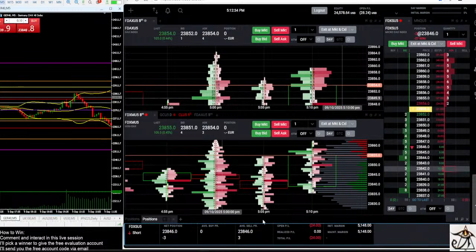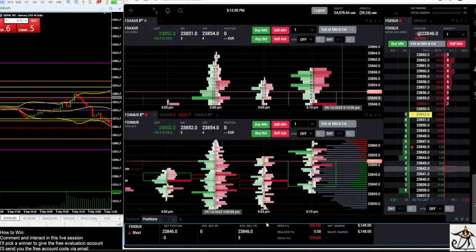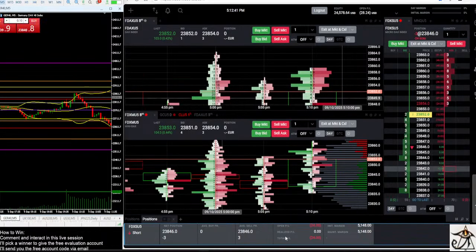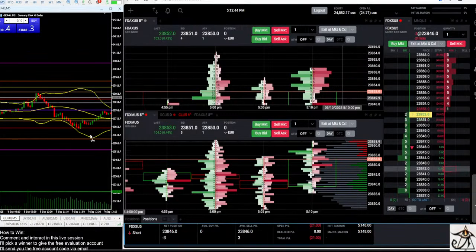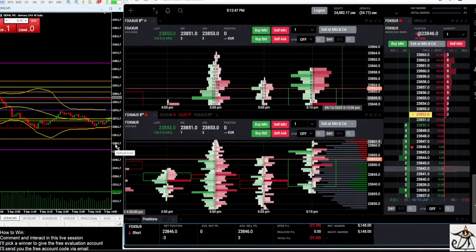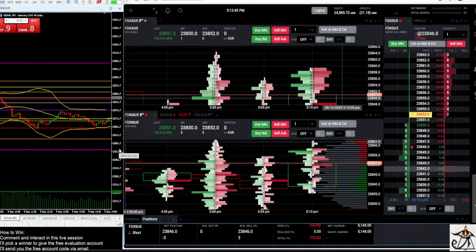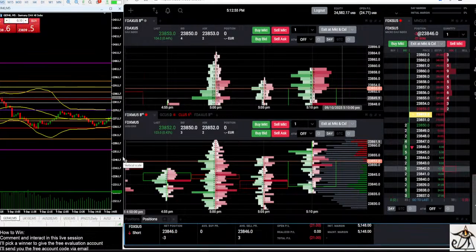CME bundle. No, I don't think it's a CME bundle. Level 1, because you actually get level 2 data with this one. I'll see if I can send you a screenshot. Did you want to email me? I'll see if I can send you a screenshot of what I'm looking at, just to see if sometimes Tradovate has different country-based rules and requirements.